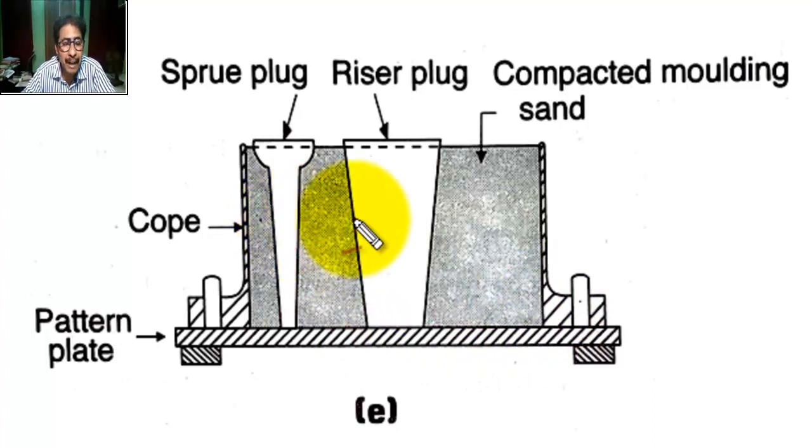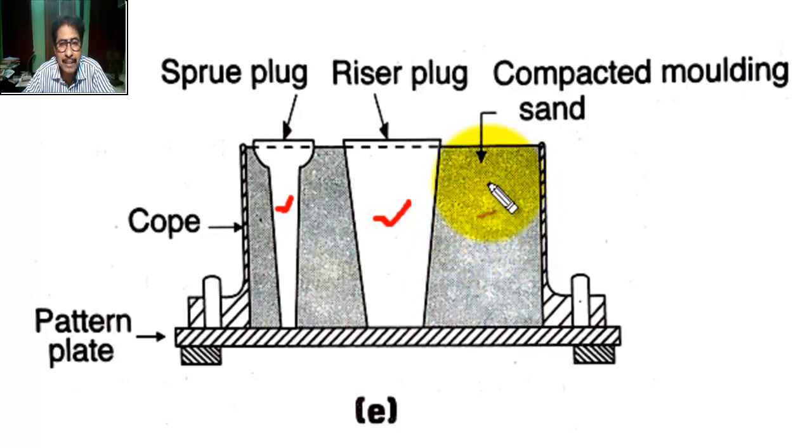Place two tapered wooden plugs. One in position of the gate in the drag flask, and the other plug with the mold cavity.